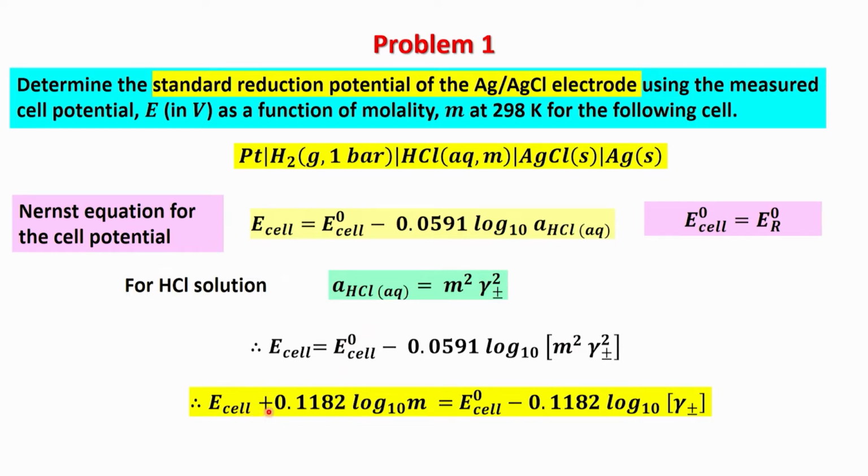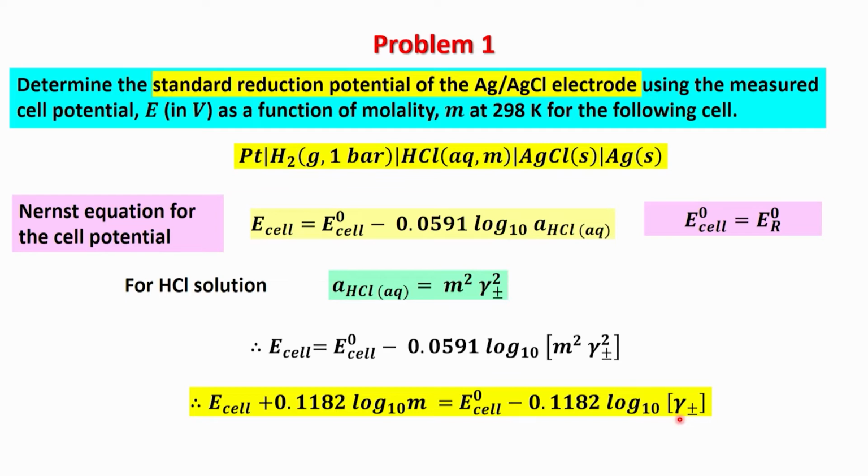E cell plus 2 times this number, which is 0.1182 log to the base 10 m, is equal to the standard reduction potential of the cell, which is essentially the standard reduction potential of the silver chloride electrode, minus the term which now depends on the mean activity coefficient of the electrolyte.